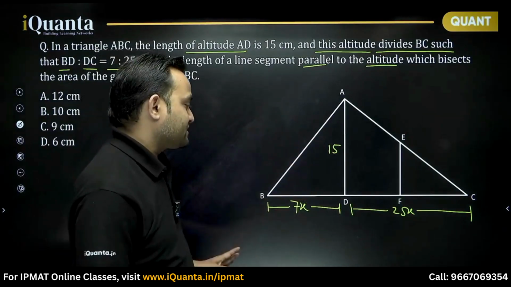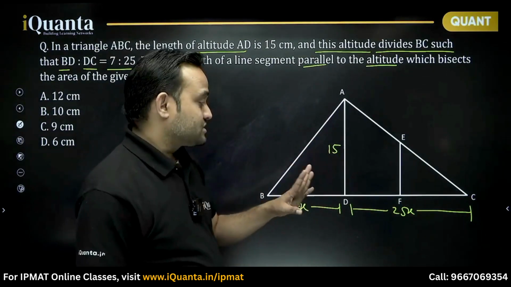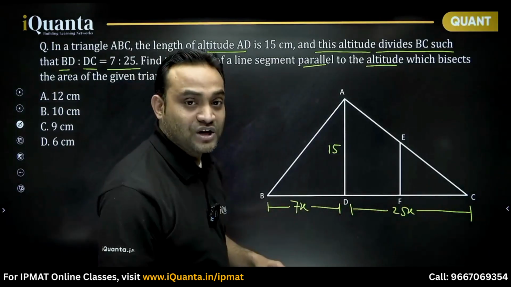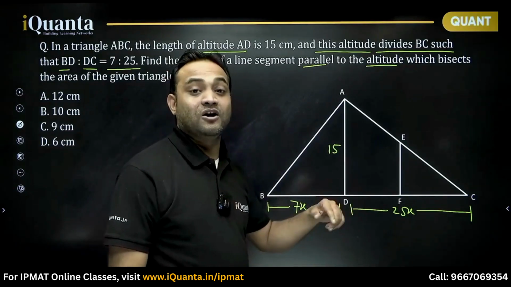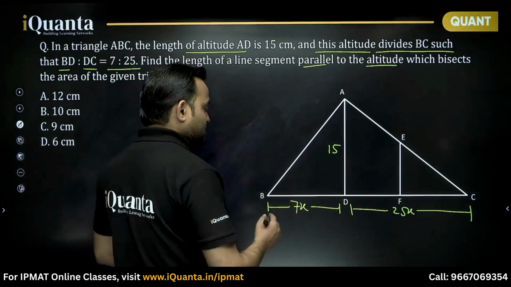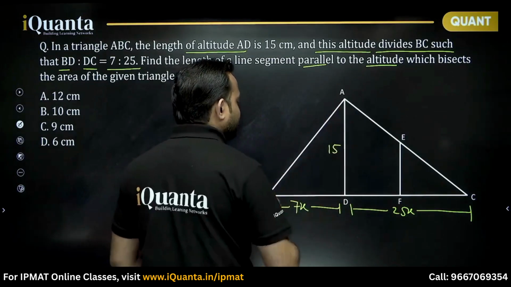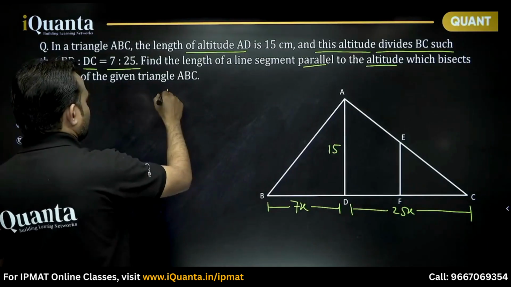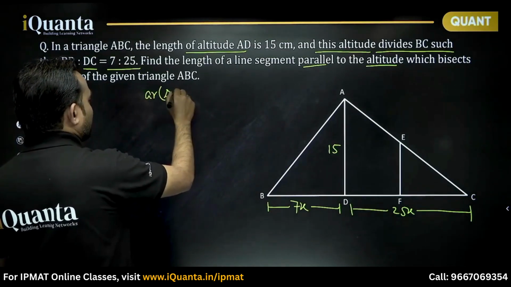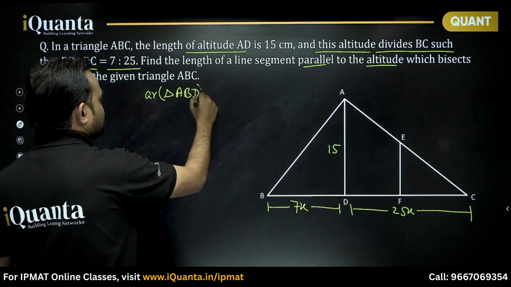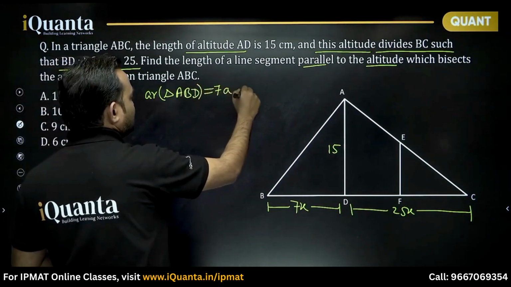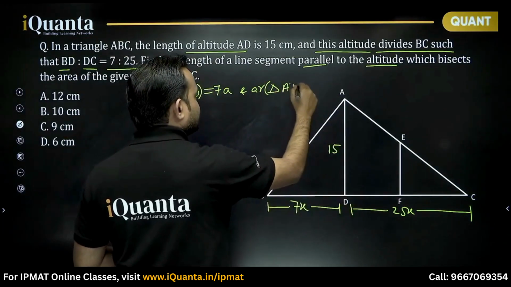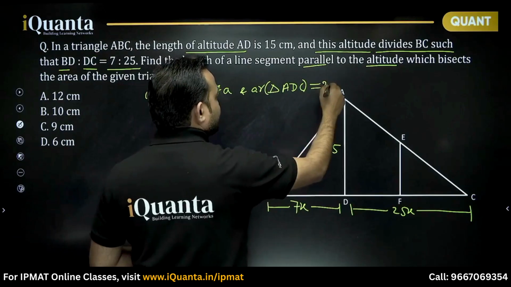Means if I take, see, using the ratio concept, that in a triangle the ratio of the base is equal to the ratio of corresponding area of triangles, right? So can we say, if I take the area of triangle ABD is equal to 7A, and the area of triangle ADC will be equal to 25A.